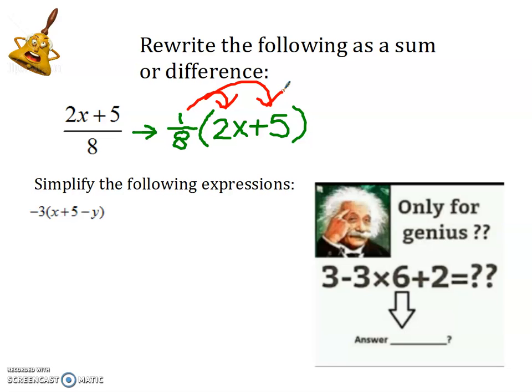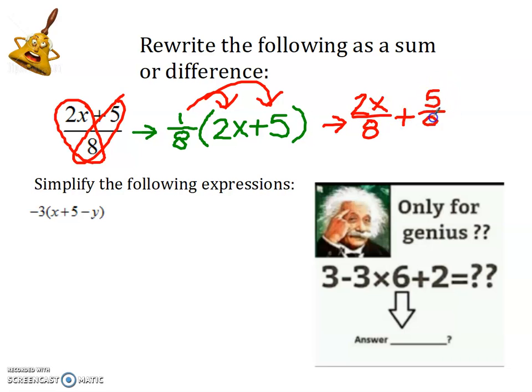We said, well, instead of doing that, an easier way to think about it is just take the 2x divided by 8 plus 5 divided by 8. And we could have just done those fancy arrows, which gives us 2x over 8 plus 5 over 8.